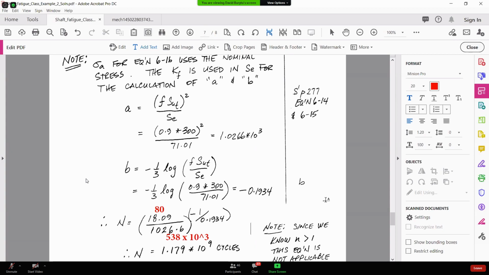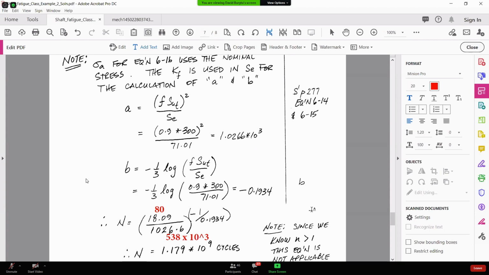So you see what happened was when we had a factor of safety less than 1, we were able to calculate the number of cycles to failure. So this thing's only going to last 538,000 cycles instead of over 1 million. Follow me?